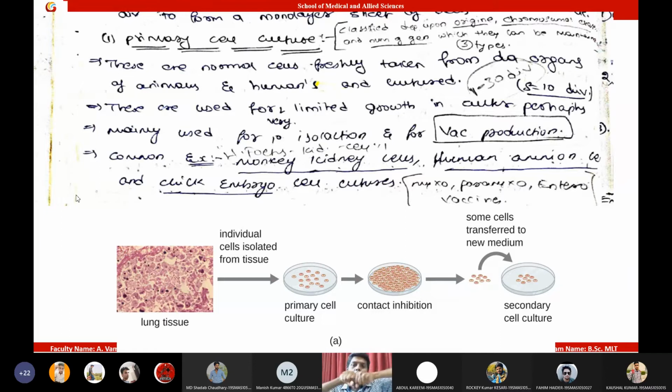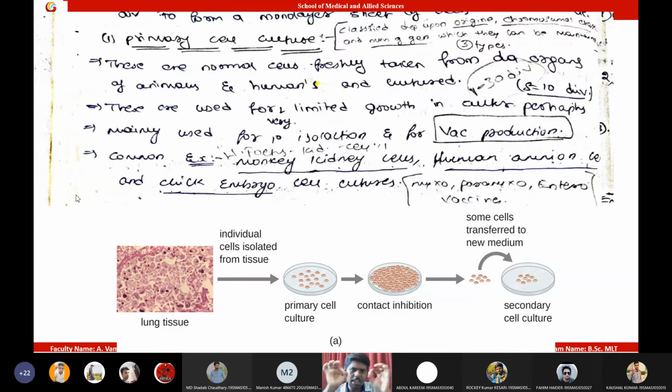Cells will try to bind to the nearby cells. Now we need to remove this binding property. This removal of binding property is called contact inhibition. We need to add certain chemicals so that there won't be any contact between the cells.